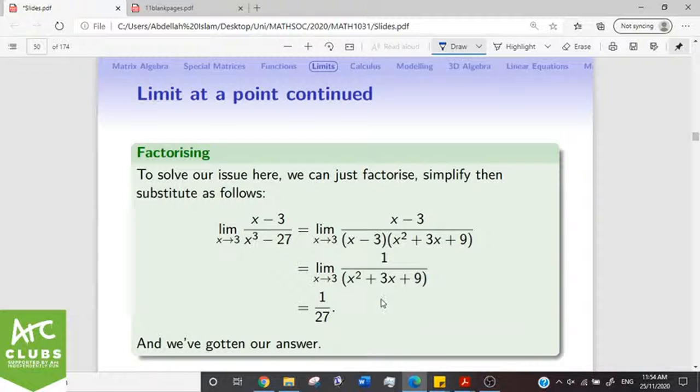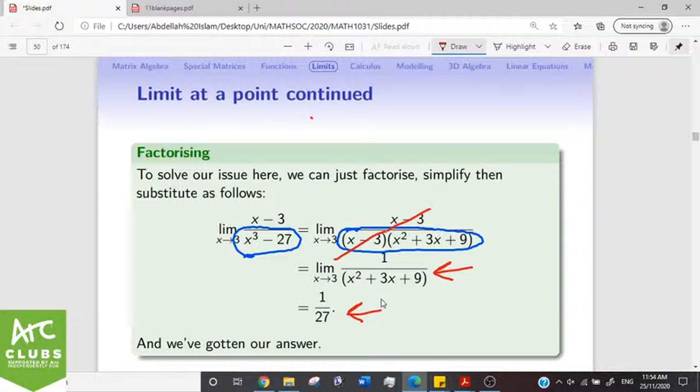As you can see here, the denominator could be simplified like this. The nice thing about this simplification is that the x minus 3 on the top cancels with the x minus 3 on the bottom, and you're left with this. Here you are allowed to plug in x equals 3, because the denominator is no longer going to be 0. So we do that, and we get 1 on 27.